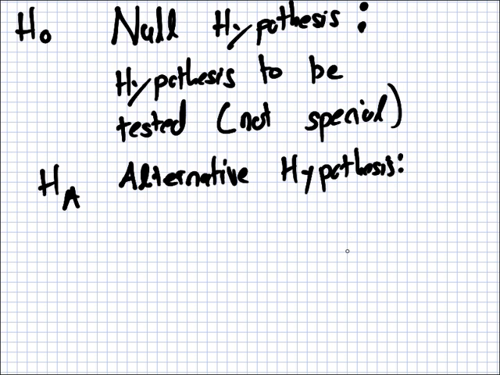It's kind of like the counter to the null, the opposite, the special. So in the example of our tea drinker, it's that they can taste the difference. It's HA, right? Yes.